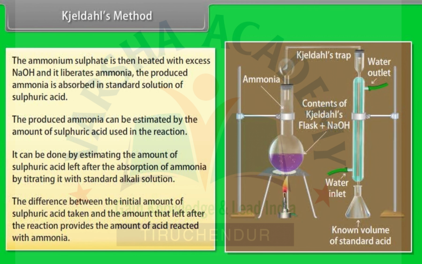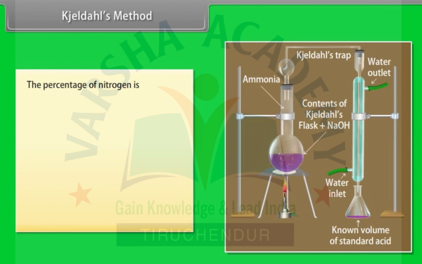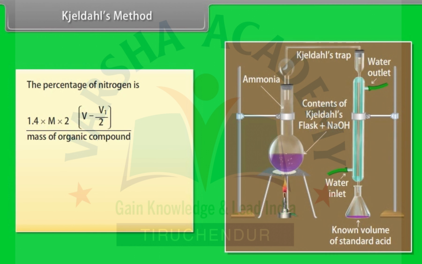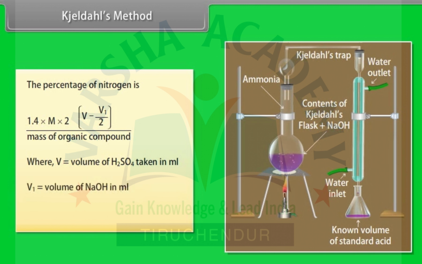The difference between the initial amount of sulfuric acid taken and the amount left after the reaction provides the amount of acid reacted with ammonia. The percentage of nitrogen is 1.4 into M into 2 times the difference between V and V1 by 2, divided by mass of organic compound, where V is equal to volume of H2SO4 taken in milliliters, V1 is equal to volume of NaOH in milliliters, and M is equal to molarity of H2SO4.